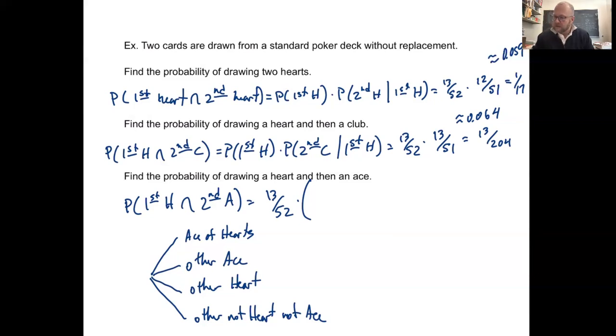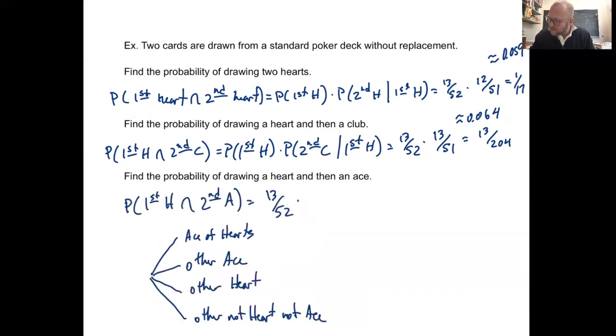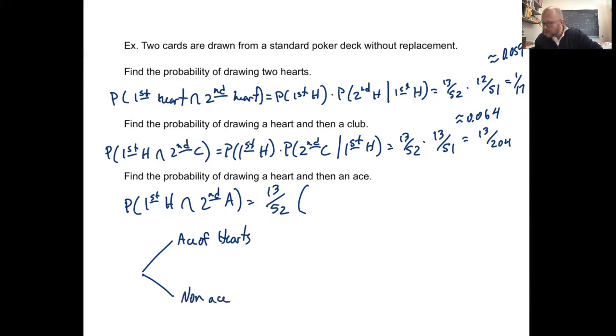I'm sorry, folks. I've thought this through the dumb way, and I needed to erase these. Sorry. The first one had to be a heart. So you had to either have the ace of hearts or the non-ace heart, right?